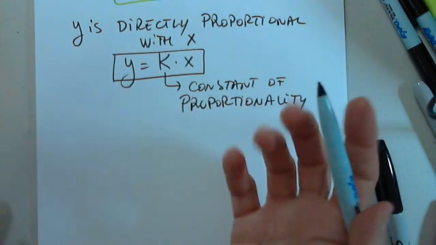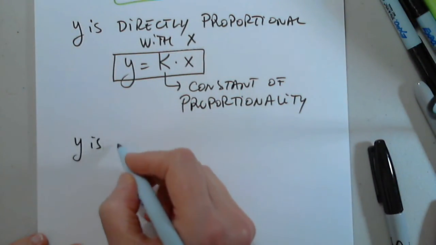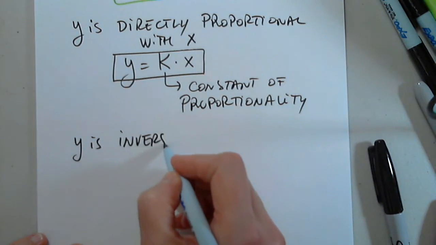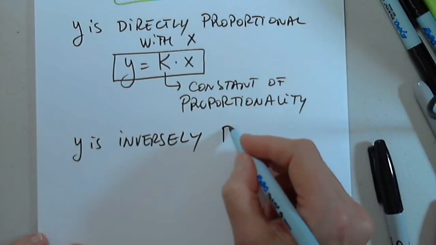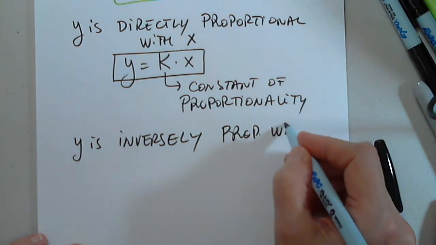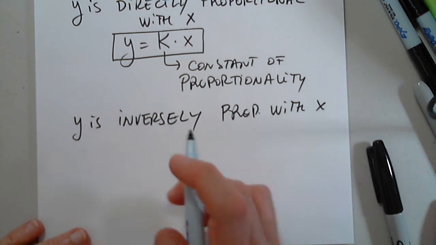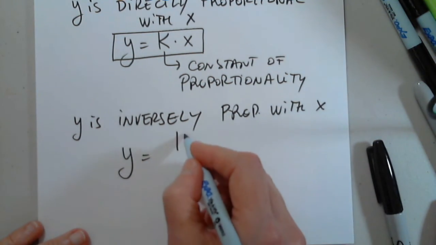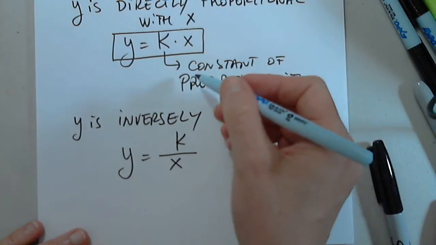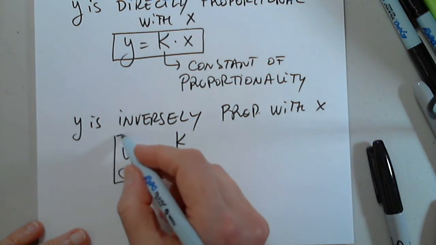If somebody tells us that y is inversely proportional with x, then we immediately think of this relationship. Of course, k is the same, a constant of proportionality.